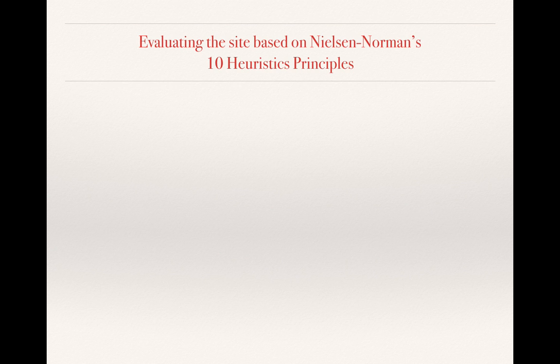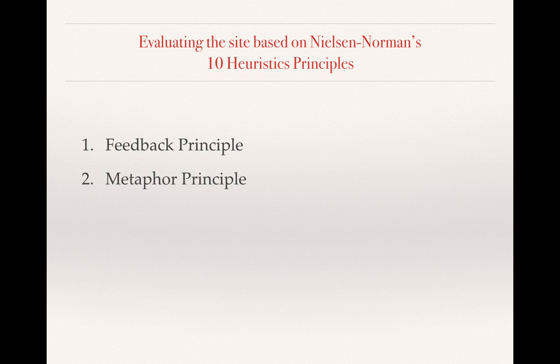So let's talk about what those principles are. First, we have our feedback principle. Feedback principle is basically the visibility of the system status, meaning in this case it's a website. Does the website let the user know what's going on, depending on what the user is doing? Next is metaphor principle.